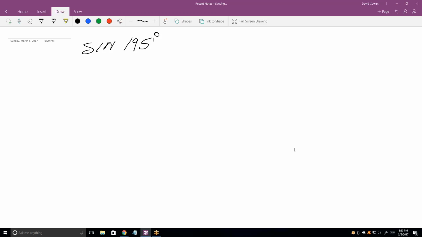Well, let's see. Can I separate that angle into two angles that I can figure out without a calculator? The sum or difference? How about the sine of 225 minus 30?